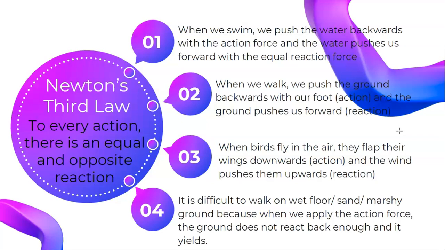That is because when we are walking on these kinds of surfaces, we are applying some amount of force, but the ground is not reacting back enough. It is not giving us back that reaction force equally, since it is yielding, and hence it becomes difficult for us to walk.